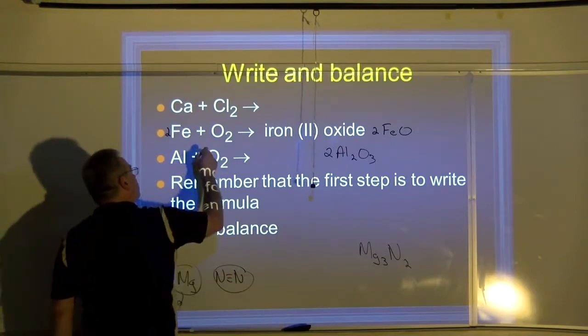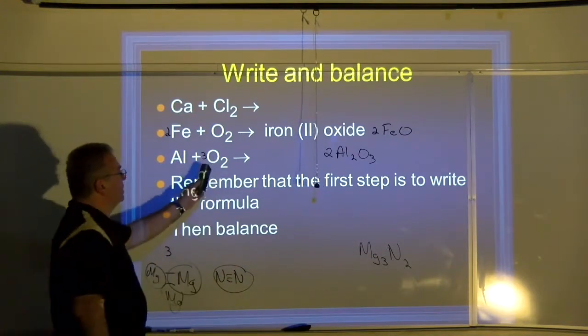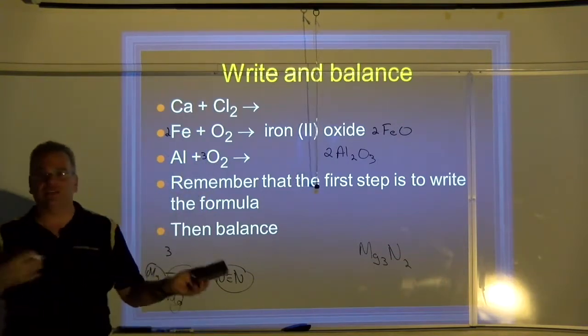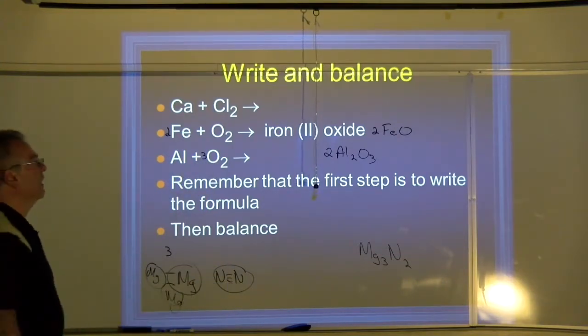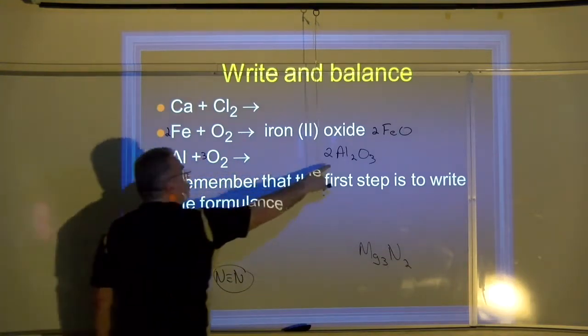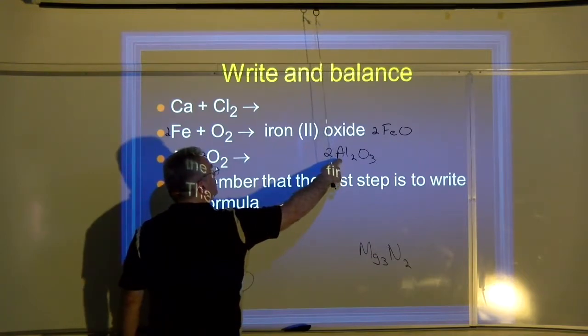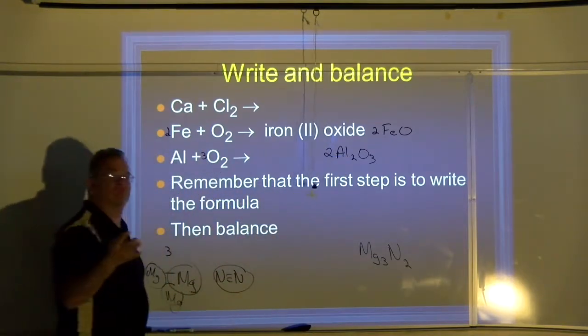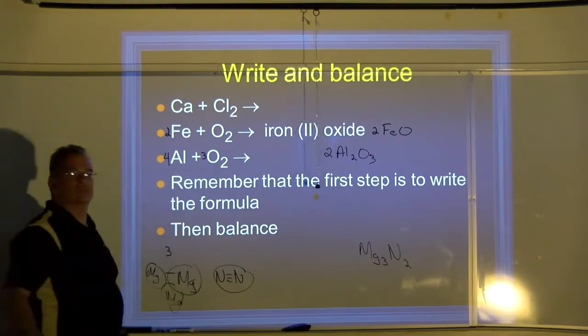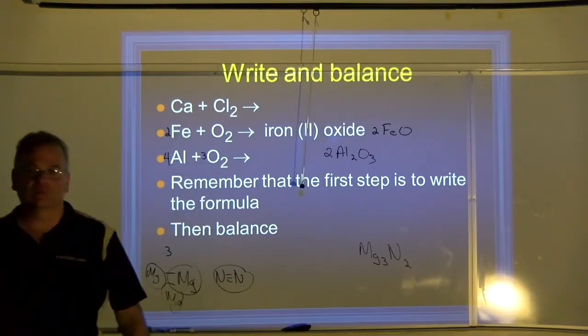So I could come over here and just put a 3, because if each molecule has 2 oxygens in it, and I got 3 of them, now I got 6 oxygens on the left, right? And then I could easily fix the aluminums, because 2 aluminum plus 3 ions give me a grand total of 4 aluminums total. So if I come over here and put a 4 there, boom, it's balanced.